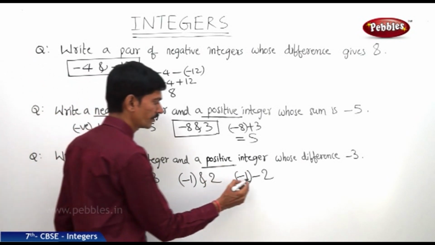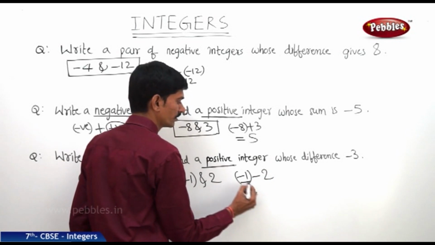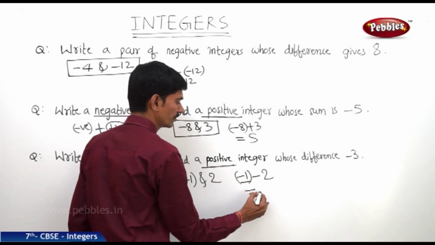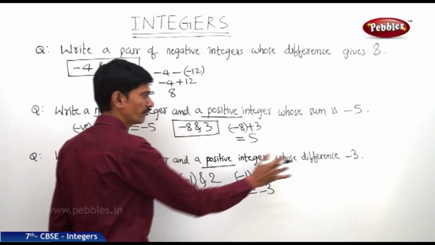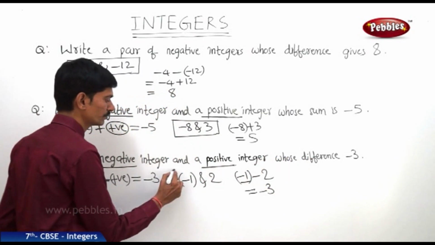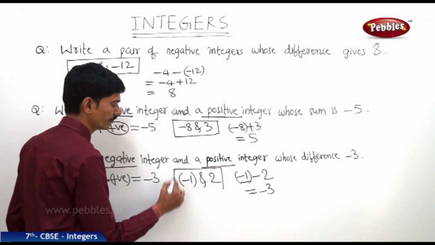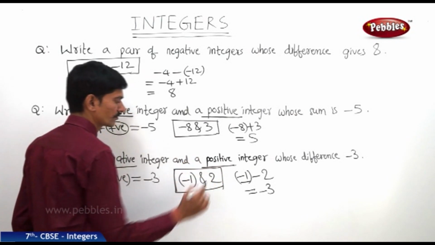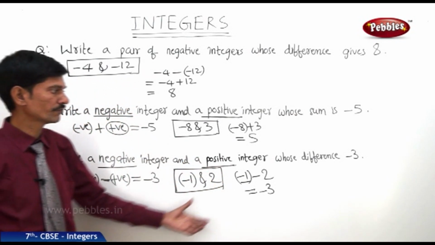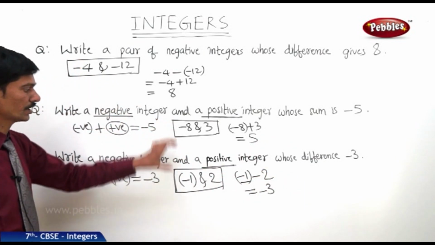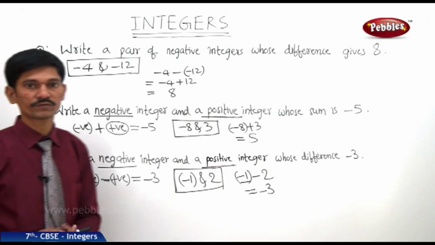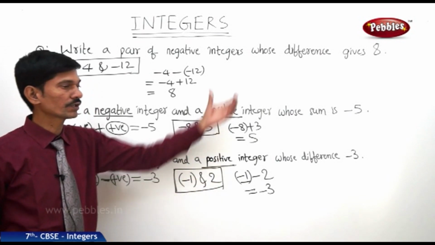Then we will find the difference. -1 minus 2 is -3. According to the question, the difference must be -3. So yes, -1 and 2 are the two integers whose difference is -3. Not only these pairs, we can write many pairs of integers according to the question.